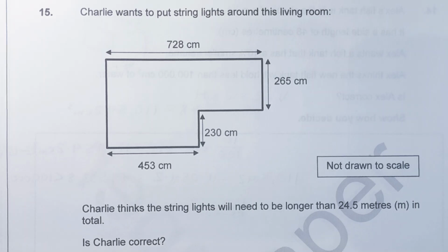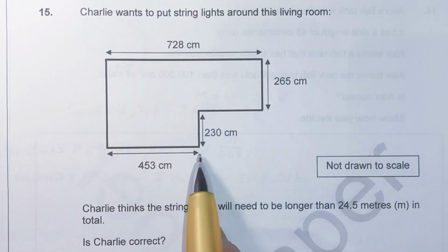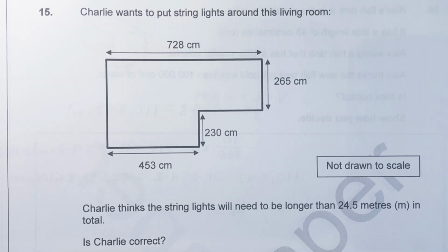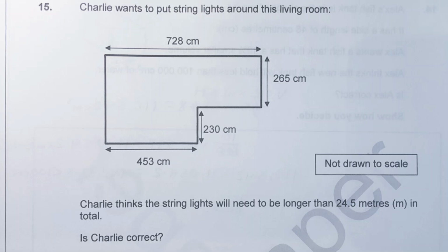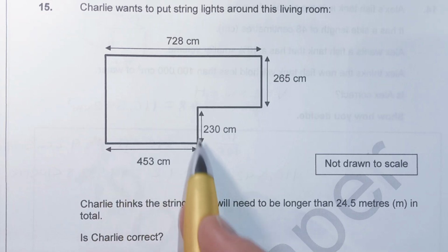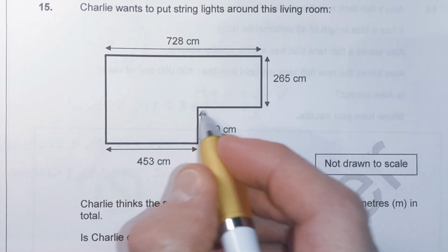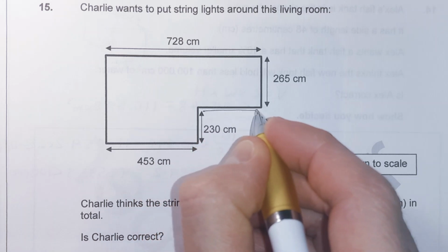And question 15. Charlie wanted to put string lights around this living room. We've got some of the measurements of the length of the walls of the living room. Charlie thinks the string lights will need to be longer than 24.5 metres in total. Is Charlie correct? Right, well, let's work out what the length is first of all. We haven't got all of the length though, so we're going to have to work some out. So first of all, we need this distance here.